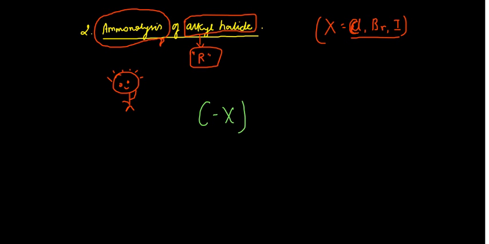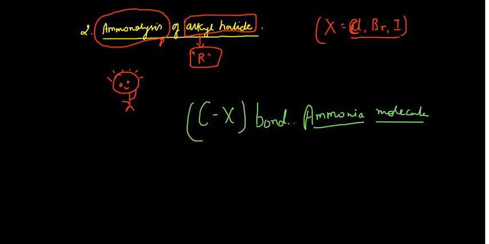We have a C-X bond, and this is formed by the ammonia, and that tells us about ammonolysis. It seems a little confusing, right? Let me give you a clear glimpse about this one.